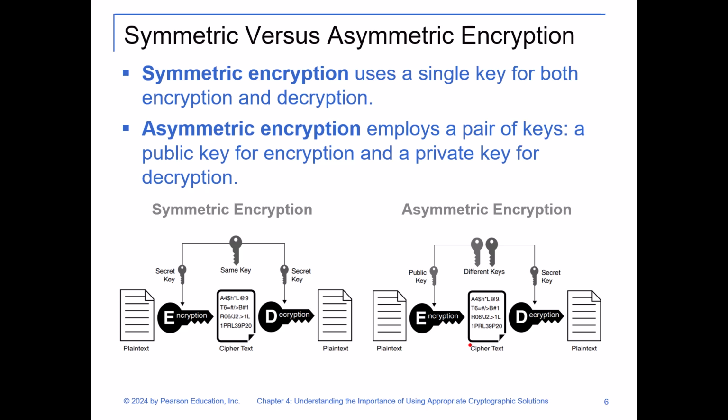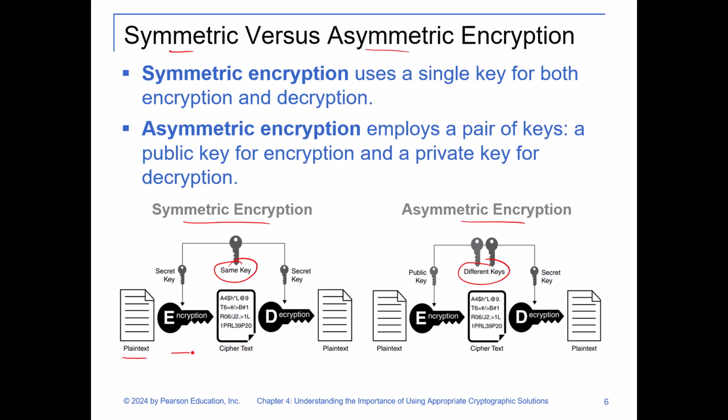All right, so symmetric versus asymmetric. Symmetric means one key for both actions. Same key. Asymmetric, different keys. Symmetric is one secret key, and the same key will decrypt it.